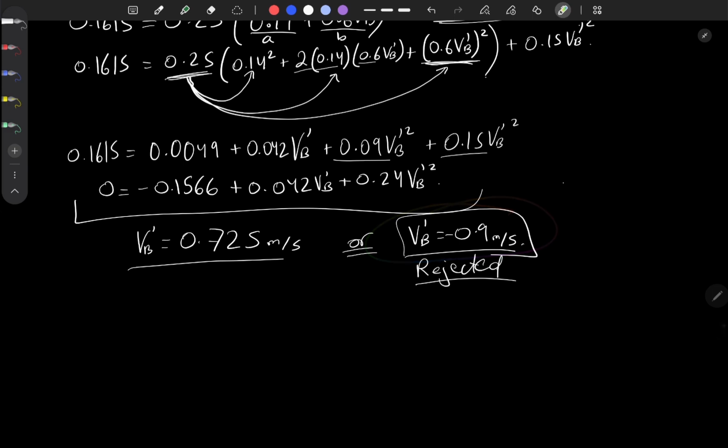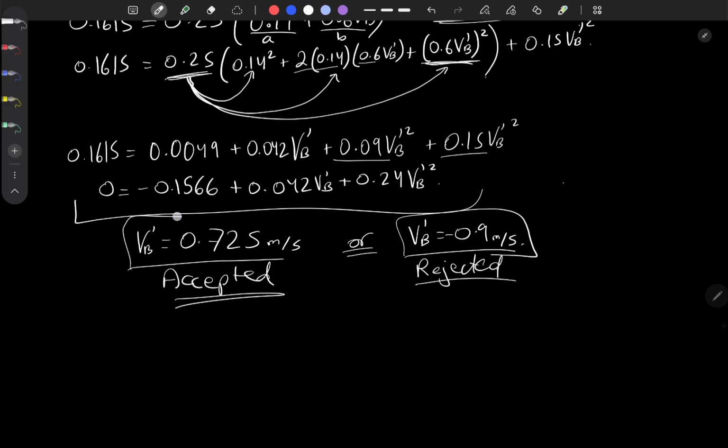The collision changes the velocity of an object, so definitely the object B did not just keep going its regular route after the collision. That doesn't happen. So this is the v_b that we're going to accept. So v prime b is accepted as 0.725. So this is the accepted value.